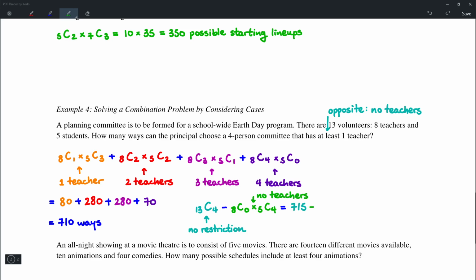So subtract 5. And we can see that we get the same result as before, and that is 710 ways to form the committee that has at least one teacher.